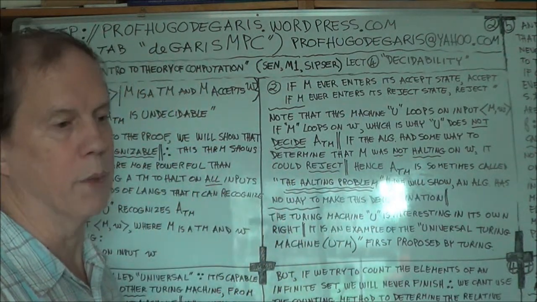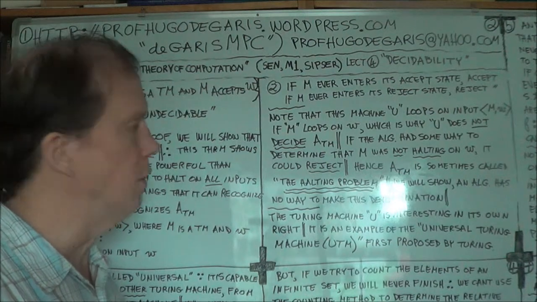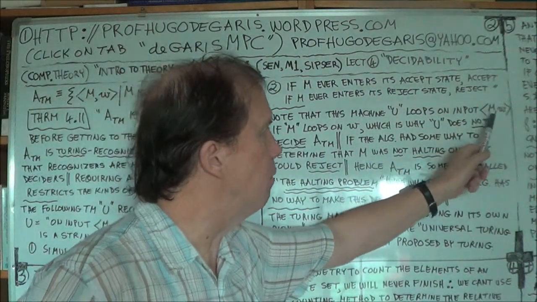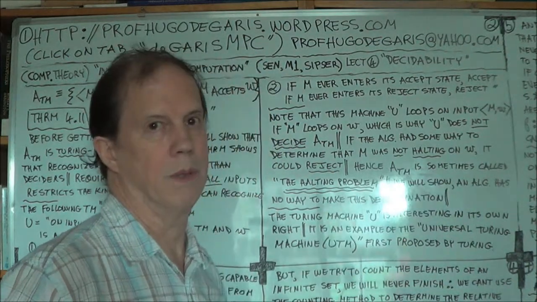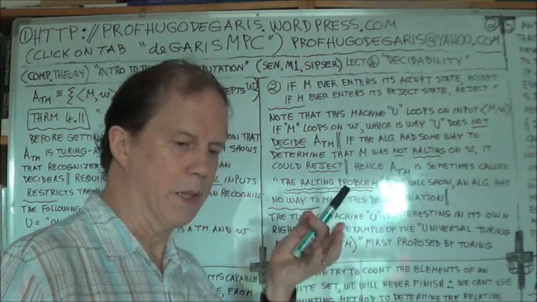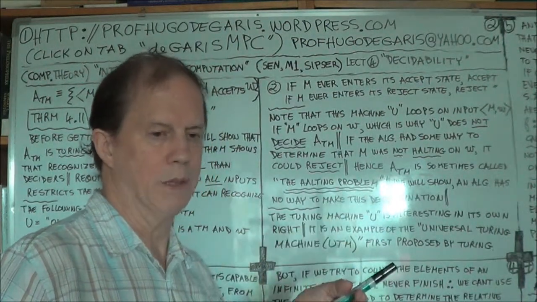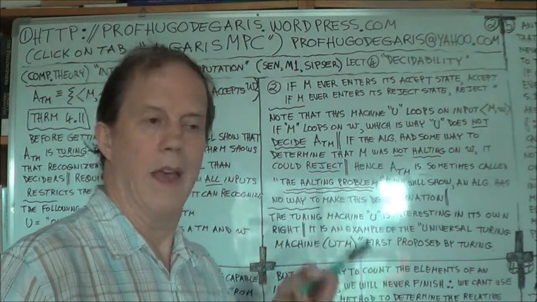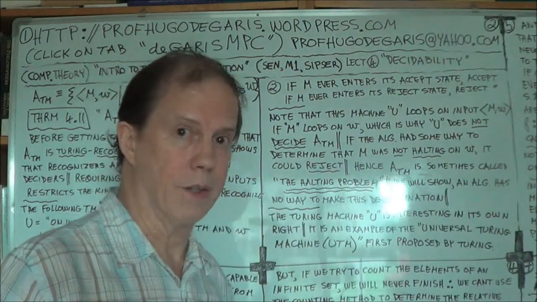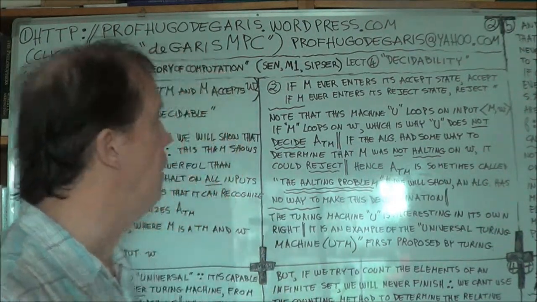It's not a decider because there is a possibility that it loops, and U can loop if M loops on W. There's definitely a possibility that M can loop, and then U can loop, and if U can loop, then by definition, it's not a decider, right? Okay.